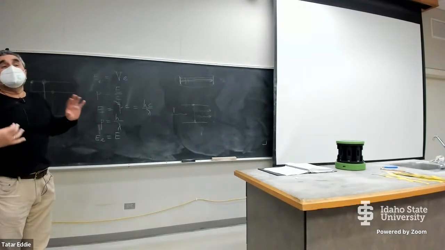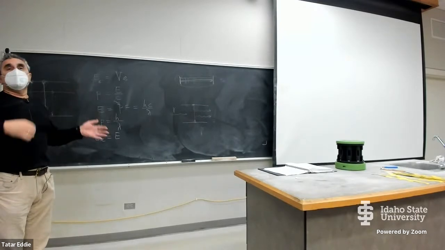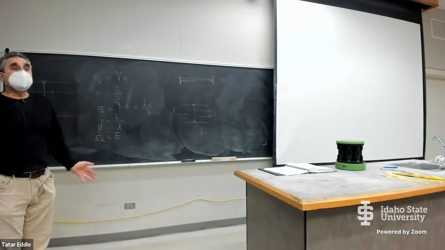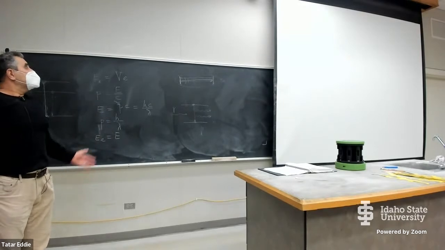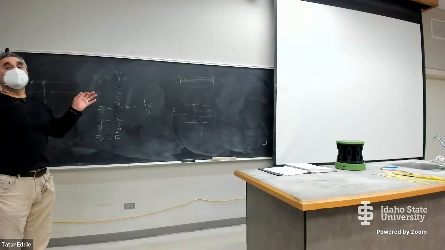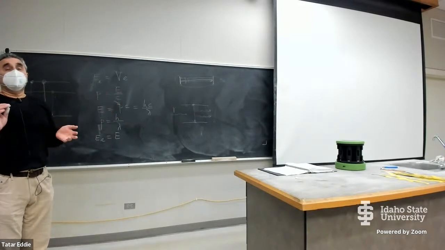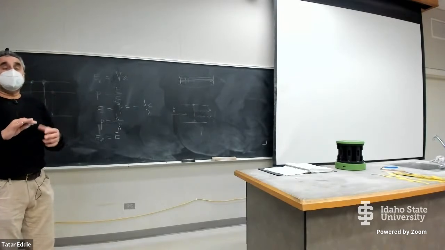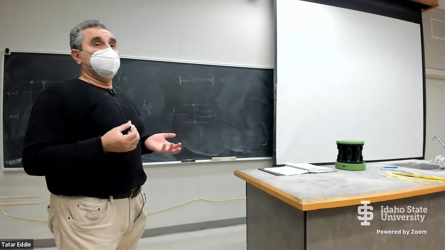Now, depending upon the nature of the active material, is it going to be gas, or some crystal, or maybe some semiconducting material, you can produce laser light within a wide range of wavelengths. And that laser light is going to be monochromatic and coherent.